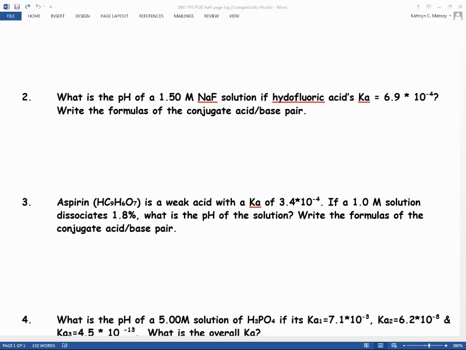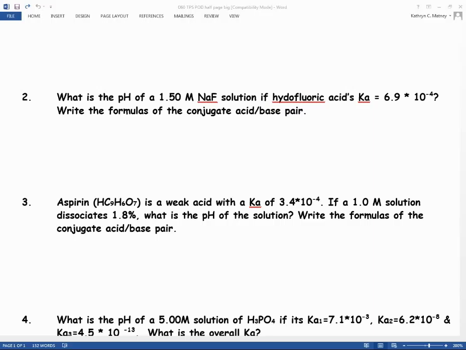All right, first things first, NaF breaks up into Na plus and F minus. I analyze those and say Na plus is neutral, so it does nothing. I analyze F minus and say it's not one of my 6 anions, it's neutral, therefore it has to be basic, because there's only 2 exceptions to that. I prove that it's basic because when it sits in water, being basic, it makes hydroxide and its conjugate acid.